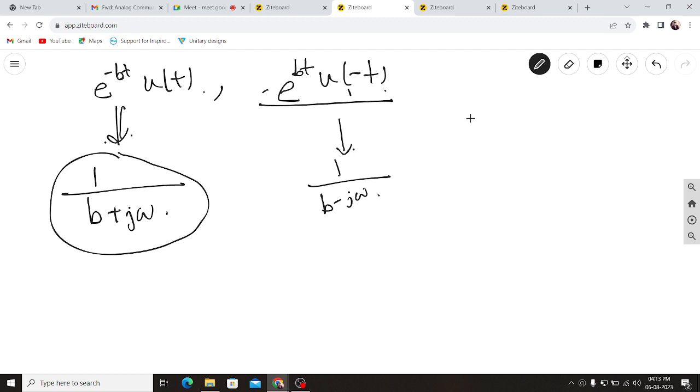Why so? Just do it for one of them, e to the power minus bt u(t), and we want to do the Fourier transformation here.